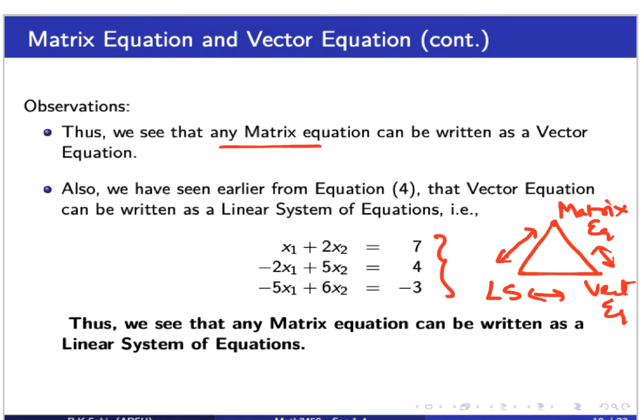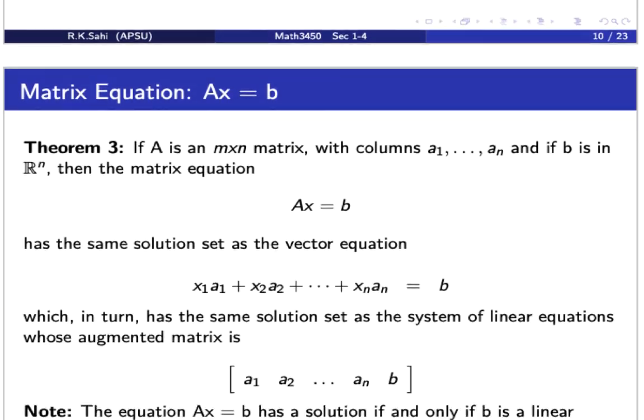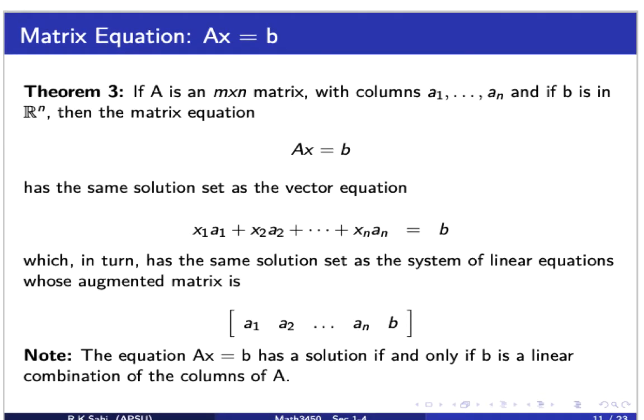So that takes us to a very important theorem. If I have an m by n matrix A with columns a1 to an, and b is in Rm, by the way, guys, this has to be Rm, then the matrix equation Ax = b will have the same solution set as the vector equation x1a1 + x2a2 + ... + xnan = b, which in turn will have the same solution set as the system of linear equations whose augmented matrix is given below.